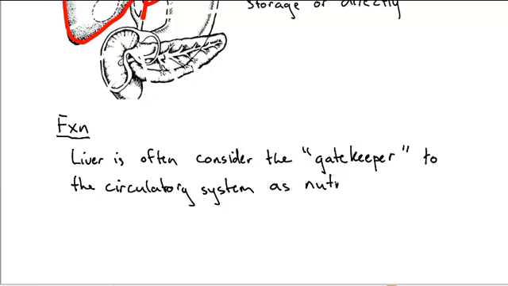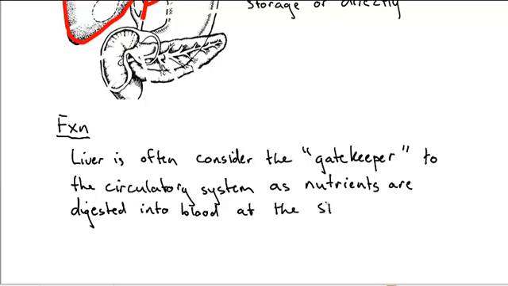As nutrients are digested into the blood at the small intestine, the blood proceeds directly to the liver for processing.